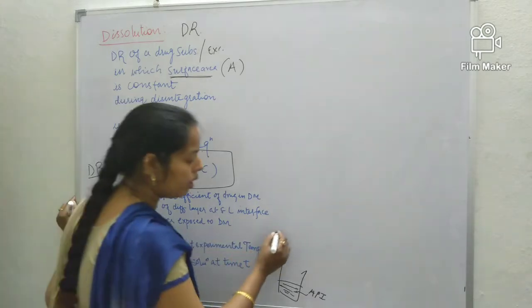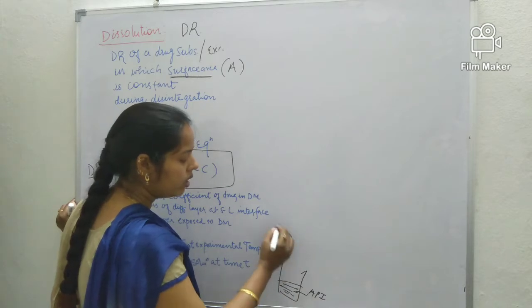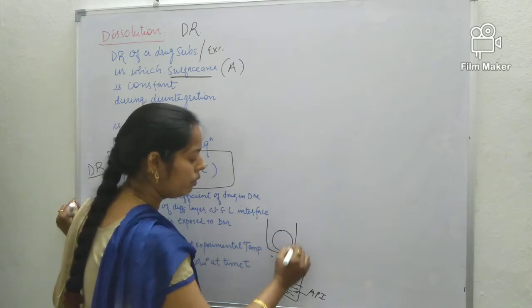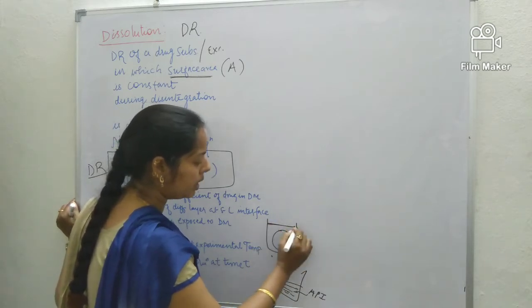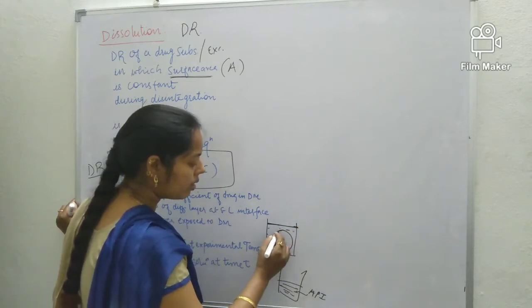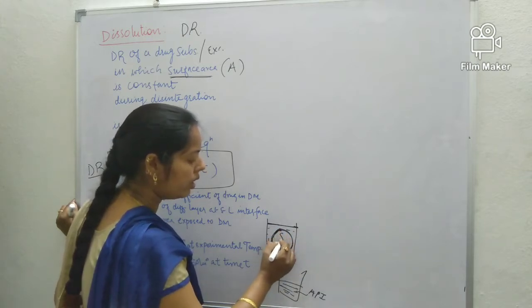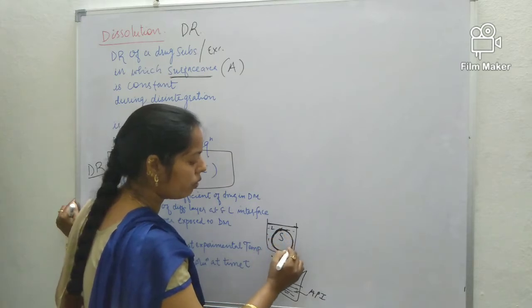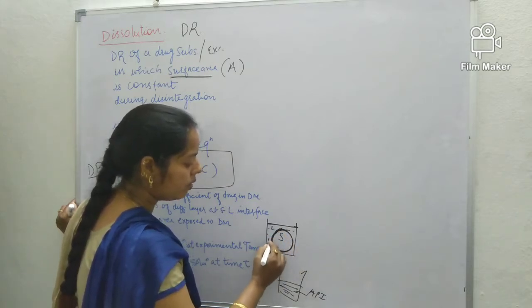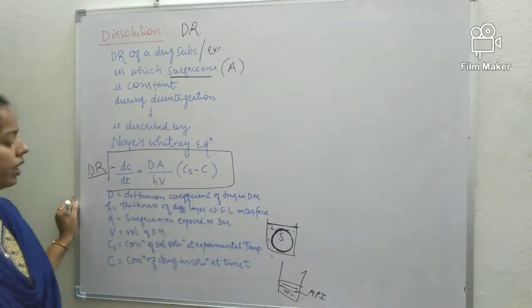So what is the meaning of solid-liquid interface? If this is a drug and when we put this drug into the medium, this is liquid. So at the surface of the solid, when the liquid adheres, this is known as the solid-liquid interface, or you can say the surface of the solid when liquid gets in contact is known as the solid-liquid interface.